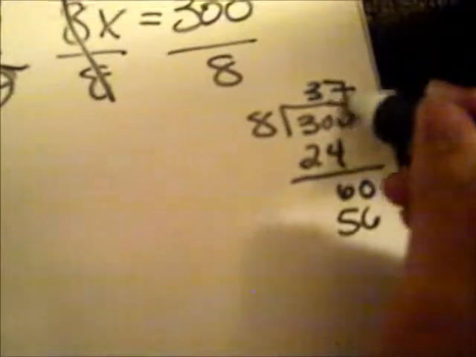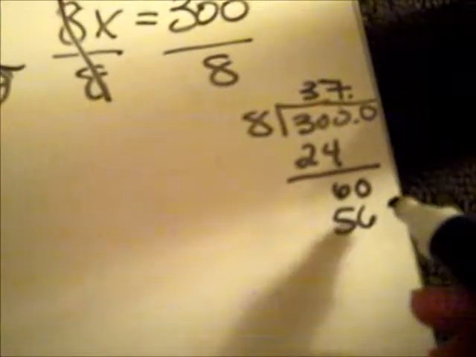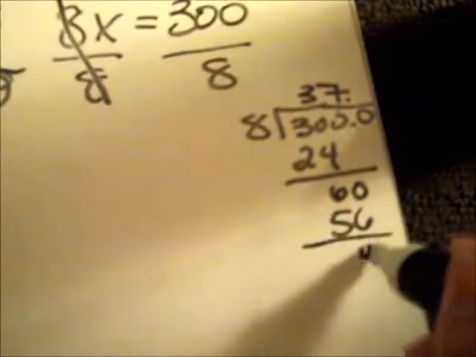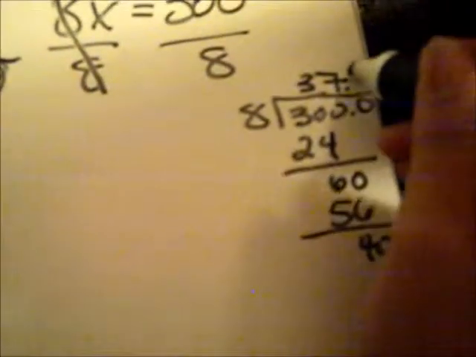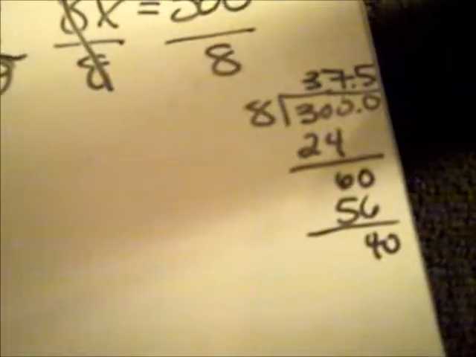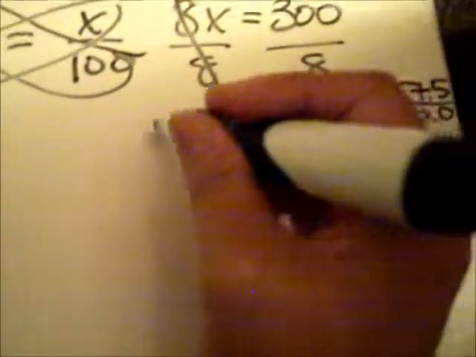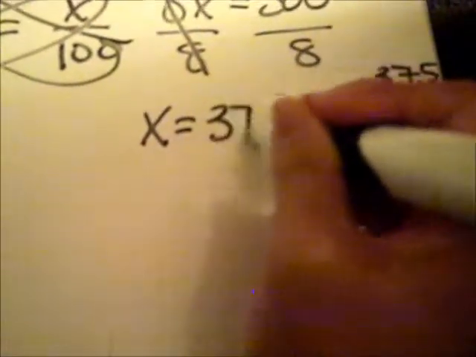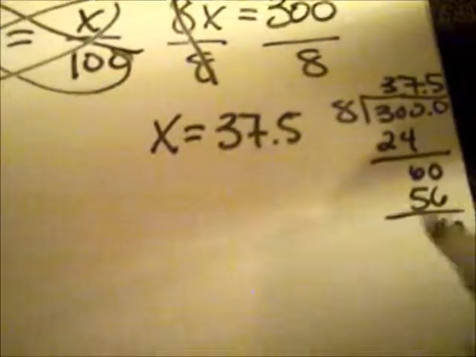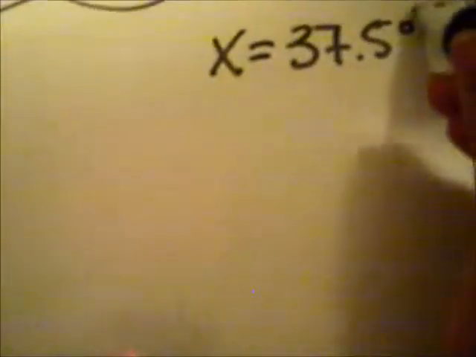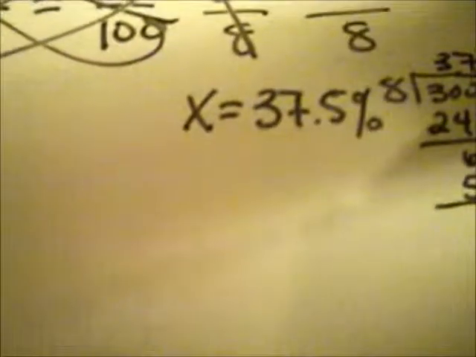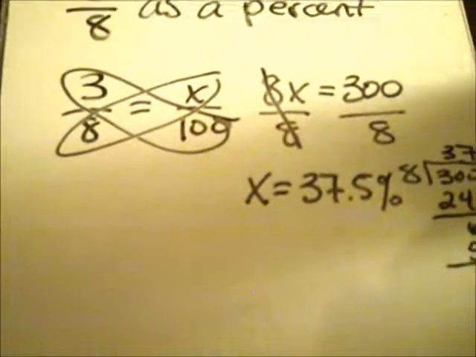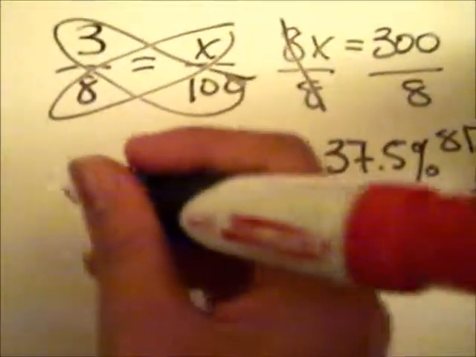We would need to add a decimal and a 0 now, because 8 cannot go into 4. It can go into 40 though. It can go into 40 5 times, so we get 37.5. So x is equal to 37.5 percent, because x is over 100. Okay, that's one way of doing it, the proportion way.